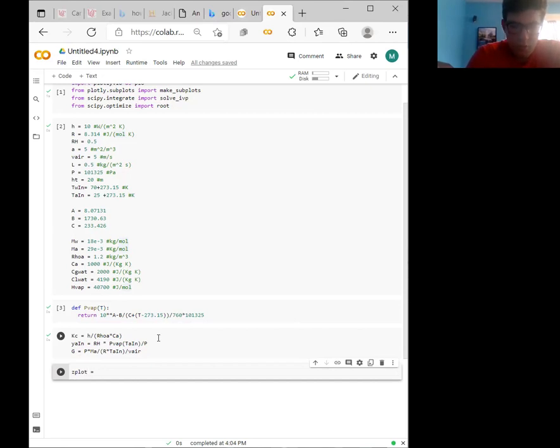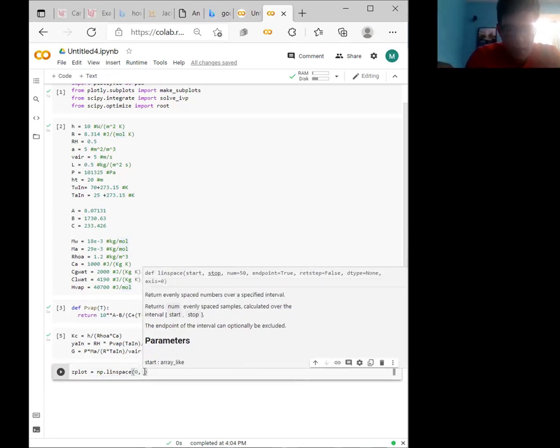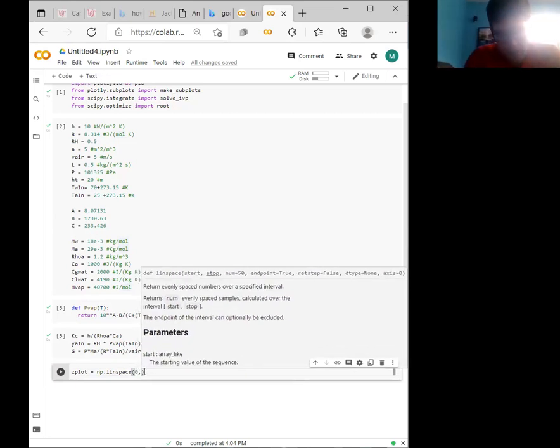Z plot is equal to np.linspace. So let's just look at what we need to do with the linspace. It's the starting number, which we know is 0 with height here. And then our ending number, of course, is 20.